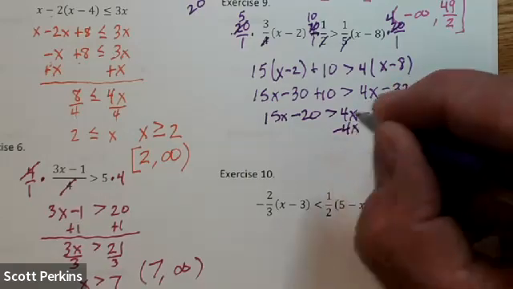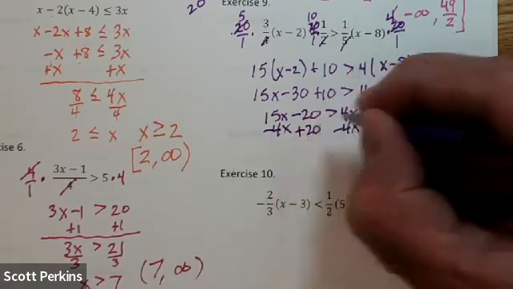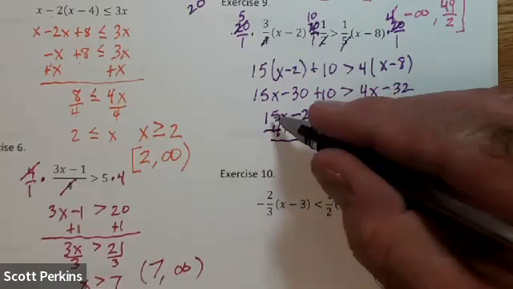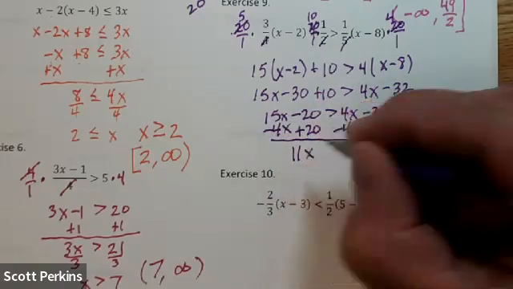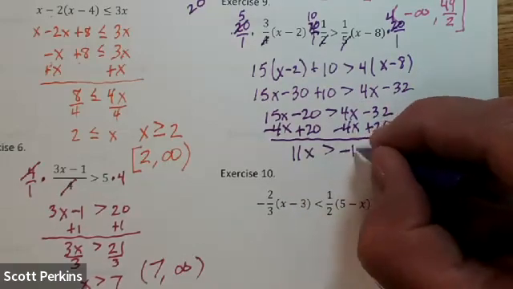X is on the left, numbers on the right. So I'm subtracting 4x to get the x's on the left. I'm adding 20 to get numbers on the right. 15 minus 4 is 11x. Negative 32 plus 20 is negative 12.